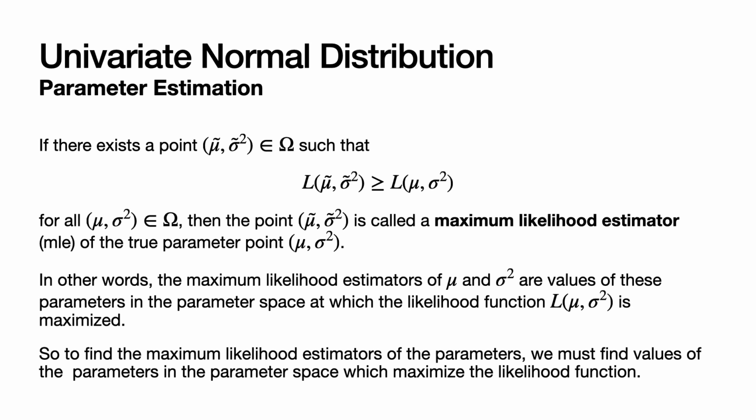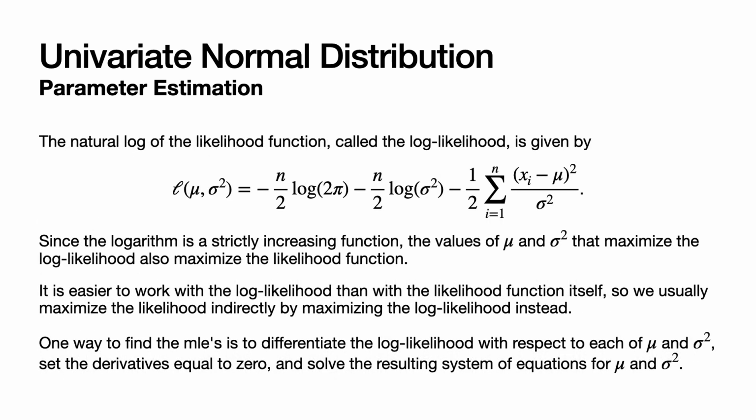So to find the maximum likelihood estimators of the parameters, we've got to find values of the parameters in the parameter space which maximize the likelihood function cap L. Now the natural log of the likelihood function, which is called the log likelihood, is given by the following expression.